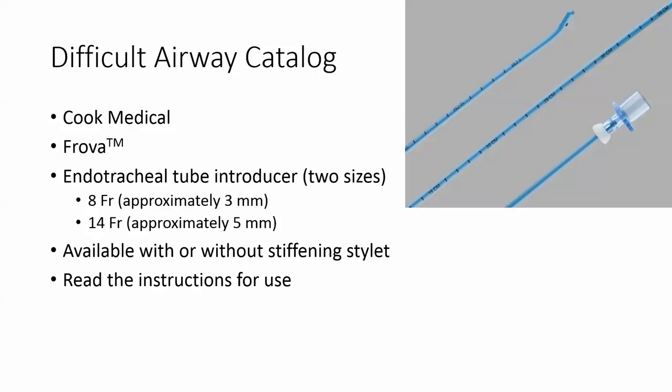I believe we have only the larger one here, and it is used for inserting endotracheal tubes. It does have the ability to deliver oxygen through the center of the introducer by the RapiFit connector, which is shown on the end of the catheter here.